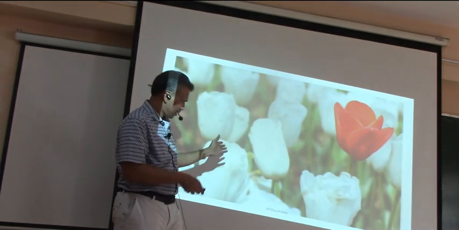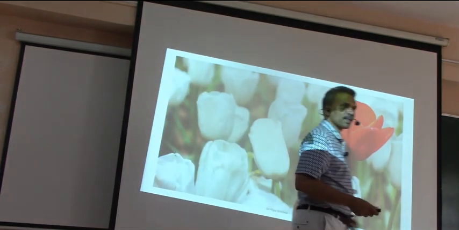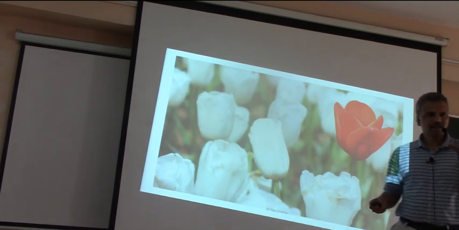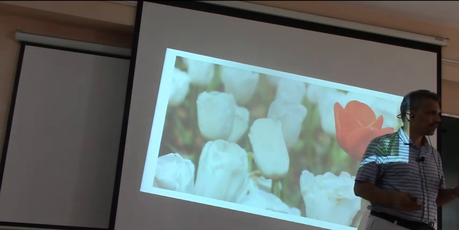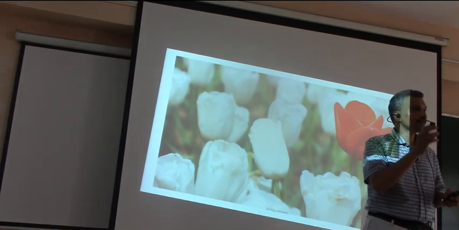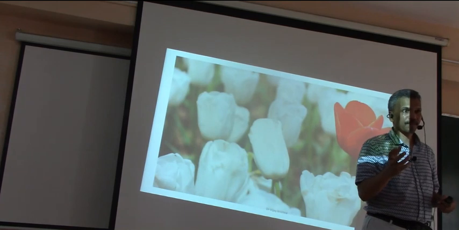If you look at the image which we just discussed, you see a lot of white flowers and one which is standing out, and that is the red flower. Now the idea of getting this image from Google is that the next heading that we are going to discuss is characteristic symptoms.